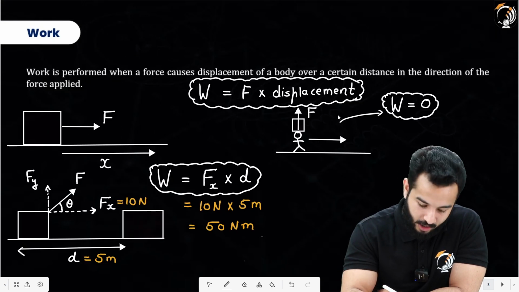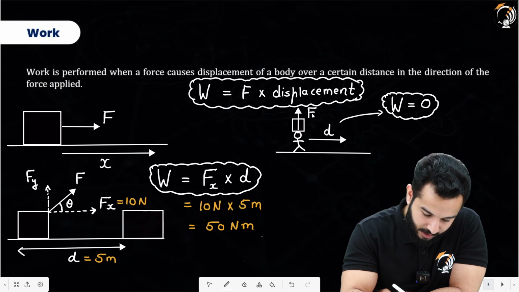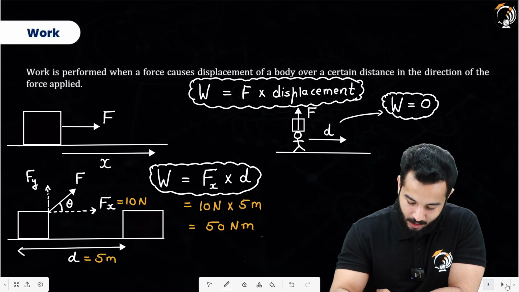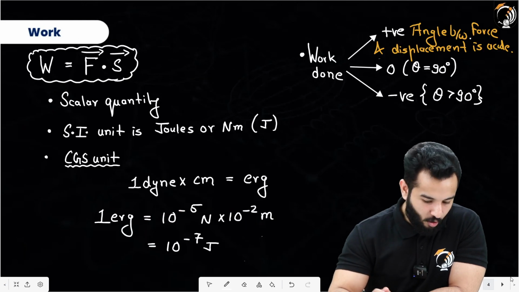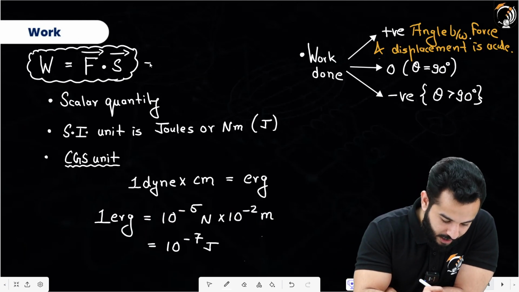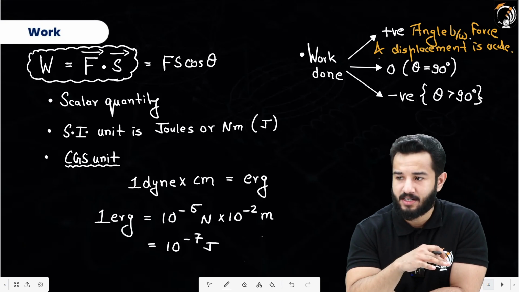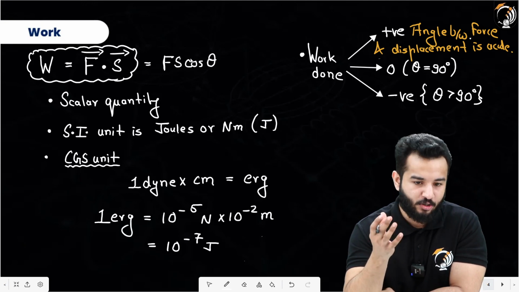Can you see over here? This is the direction of displacement, this is the direction of force, there is a 90 degree angle between them. So there is no work done, right? You can also rewrite this formula as F S cos theta. S is also displacement. On the last page I used a small d, so you don't have to worry about it.